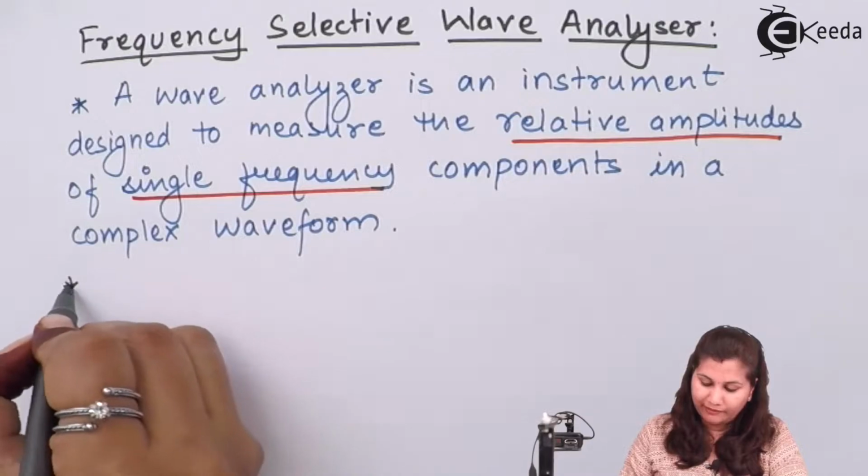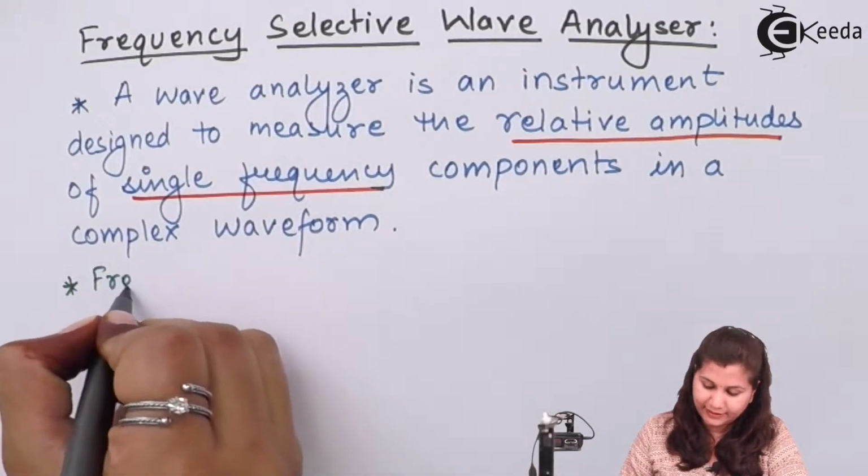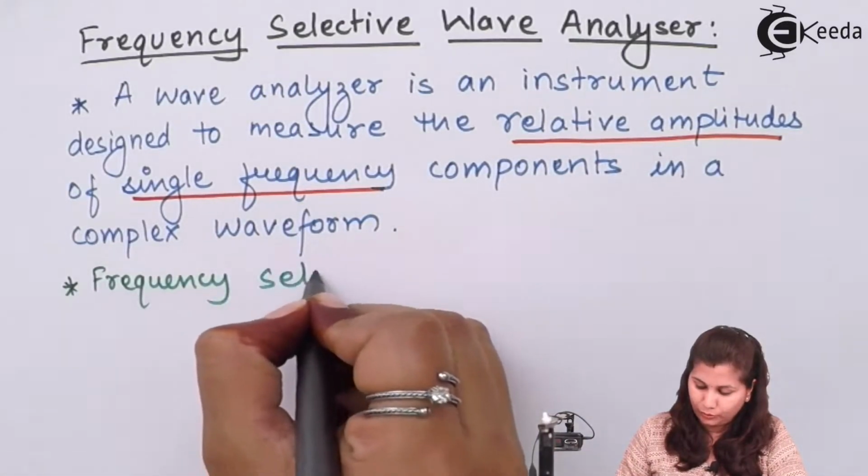That is why the wave analyzer is also called a frequency selective voltmeter.